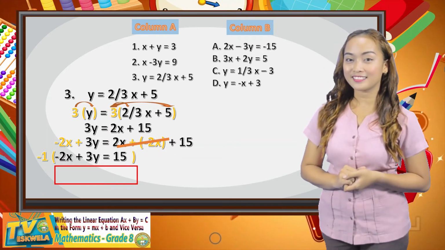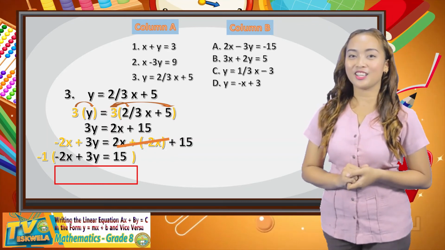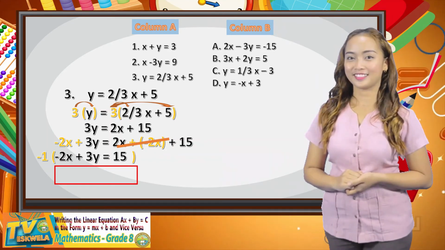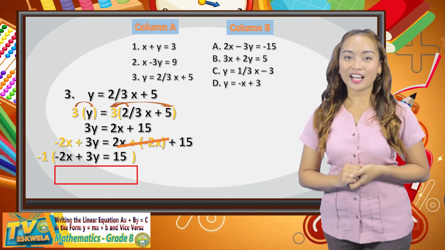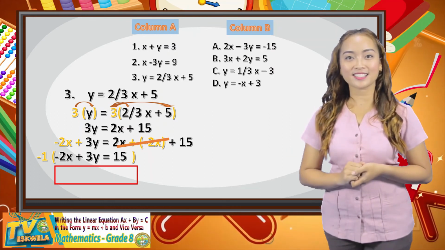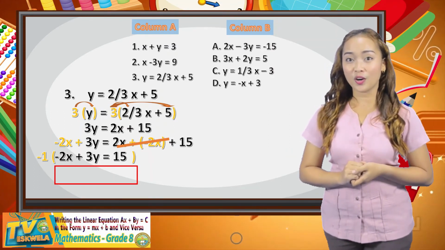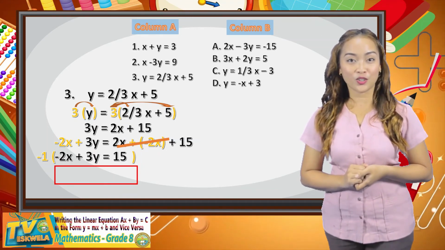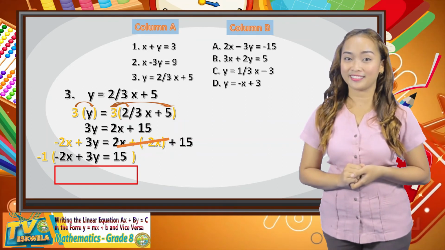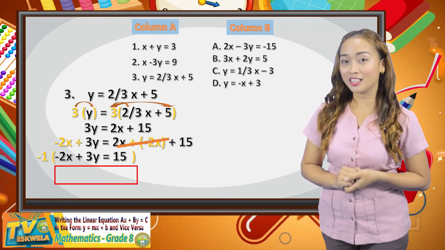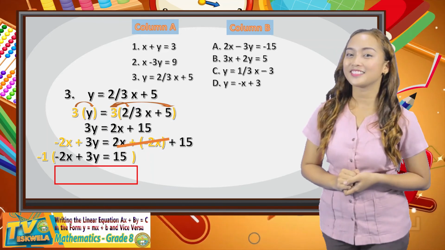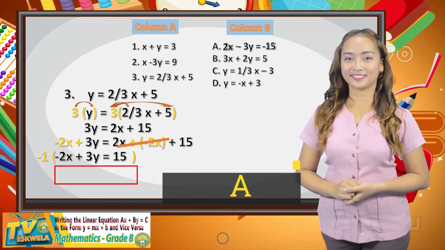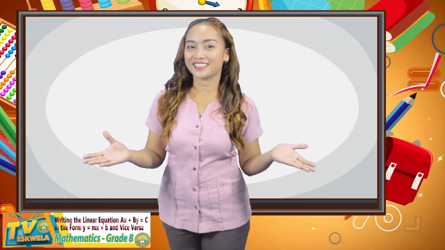We got negative 15. Here you go. The final equation for its standard form is 2x minus 3y is equal to negative 15. And what letter in column B? Letter A. Perfectly done. Are we all clear now?